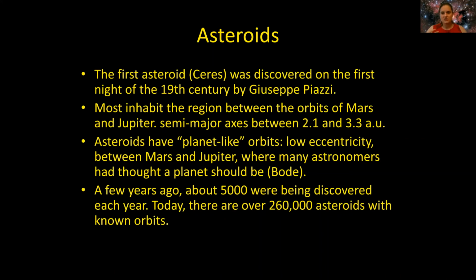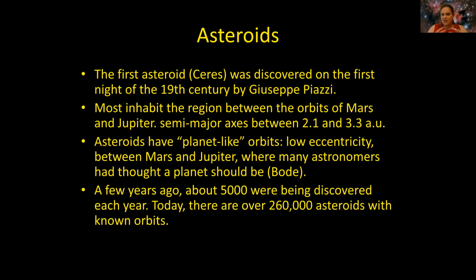And most asteroids inhabit the area between 2.1 astronomical units and 3.3 astronomical units away from the sun. So like this blank space between Mars and Jupiter. And we noticed that asteroids have this planet-like orbit with low eccentricities, meaning it's not tilted or anything, and it has close to circular orbits around the sun.